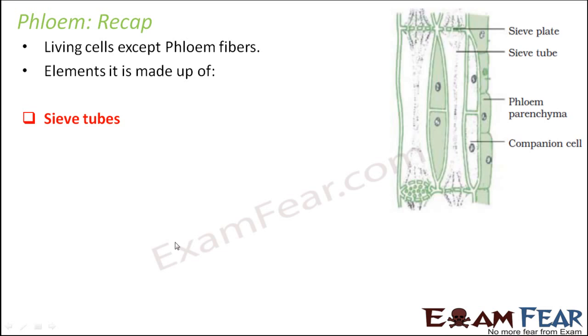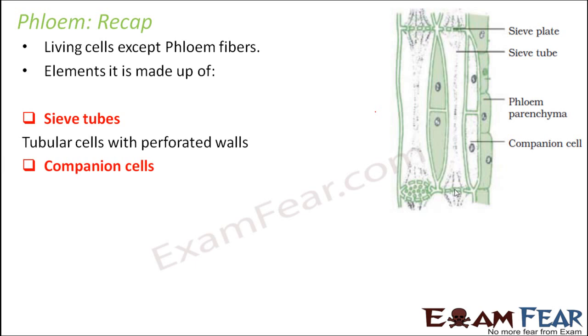You can see here, these sieve tubes are the tubular structure which actually help in conduction. So these are tubular cells with perforated walls. On both the ends, they have sieve-like structures called sieve plates. So this side also and this side as well. So both ends will have walls with perforations called sieve plates, and otherwise it will be a tube-like structure.